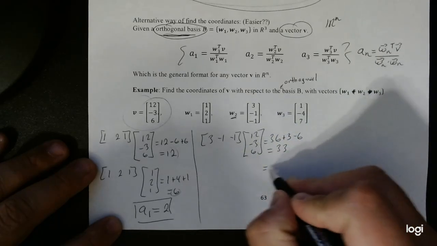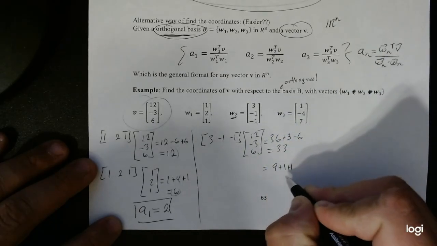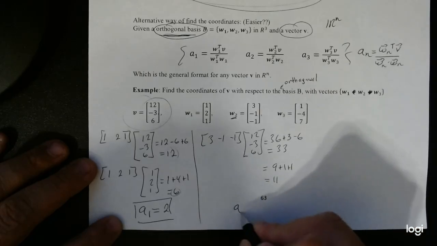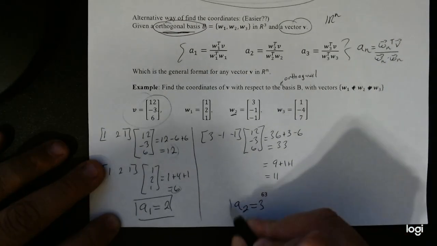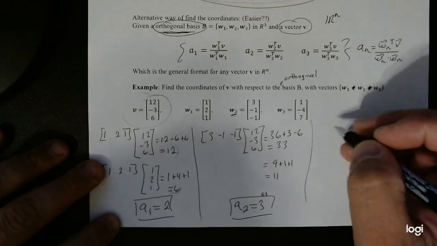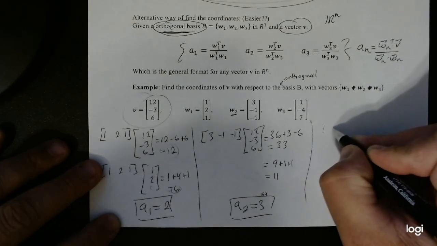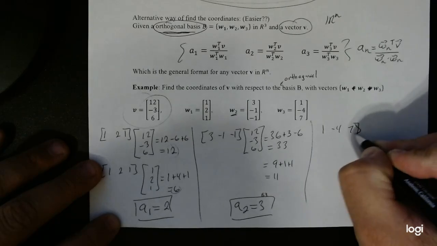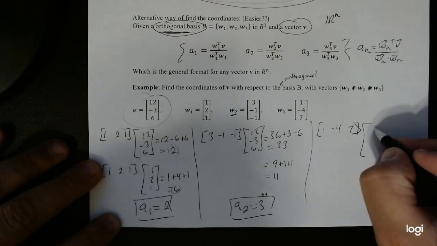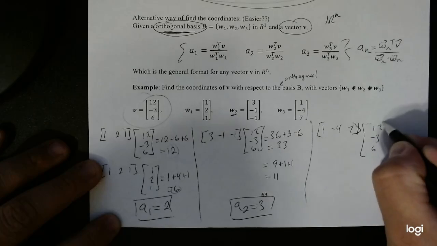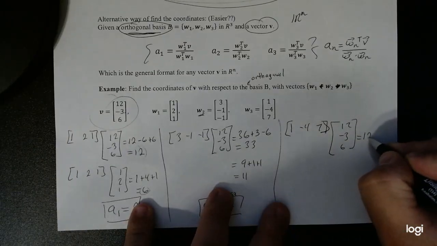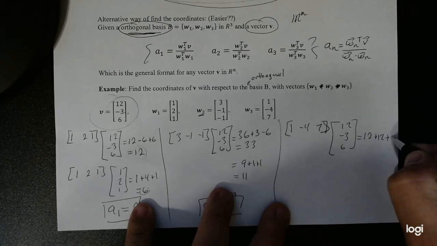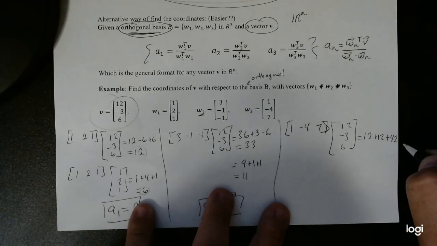Let's skip this step here. So 33 divided by 11 gives you 3. And then finally the last one. I believe.